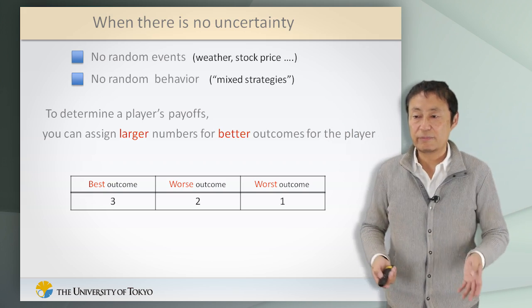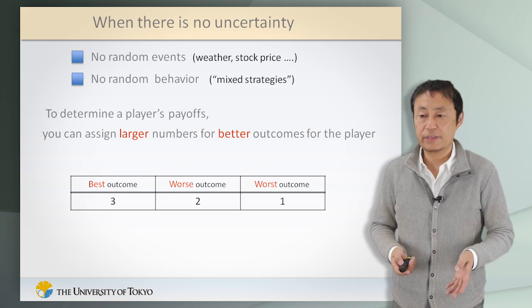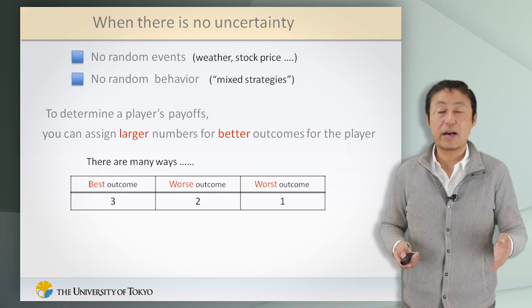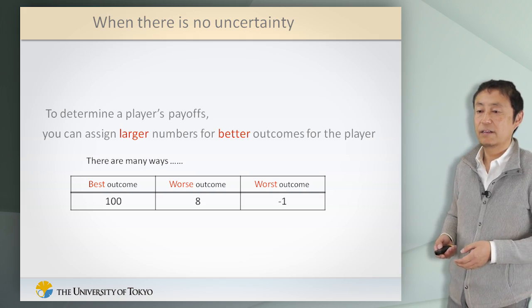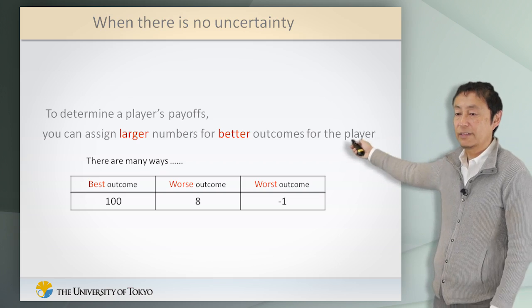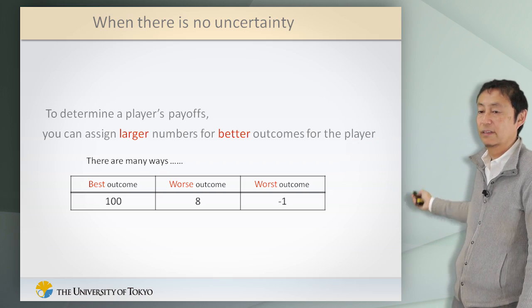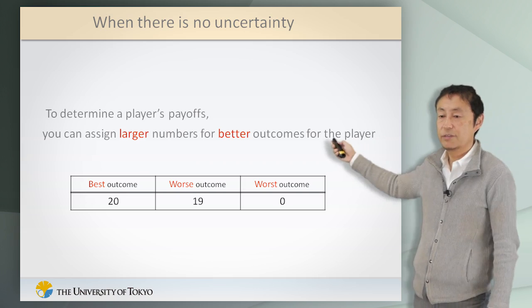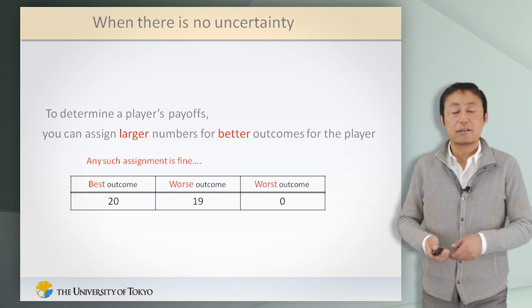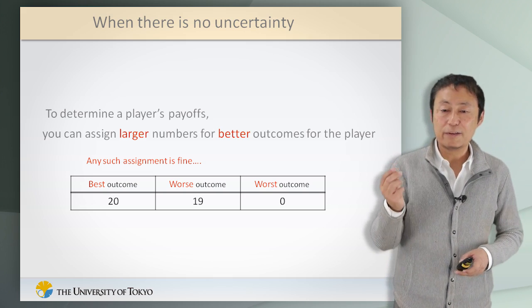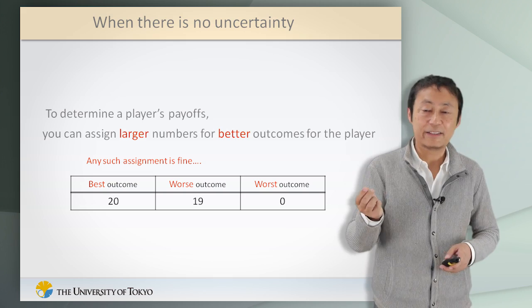Larger numbers for better outcomes. This is one possibility. But there are lots of other possible ways of assigning payoffs. Another way is 100, 8, and minus 1. And still another way is 20, 19, and 0. So game theory says any one of those choices is fine.